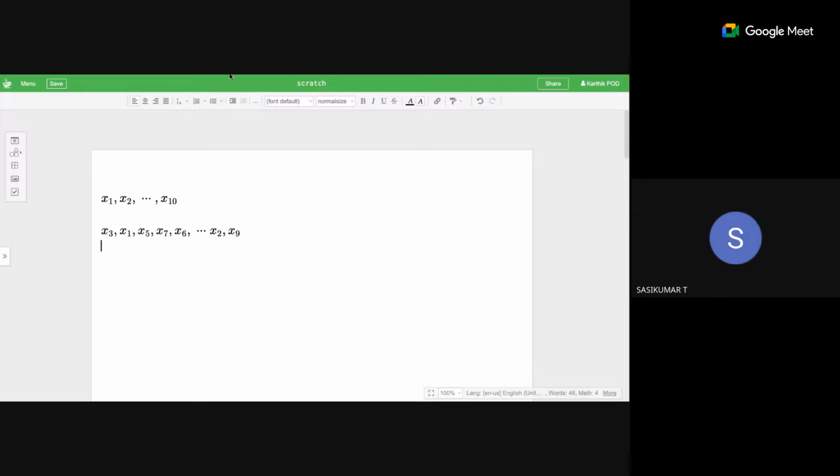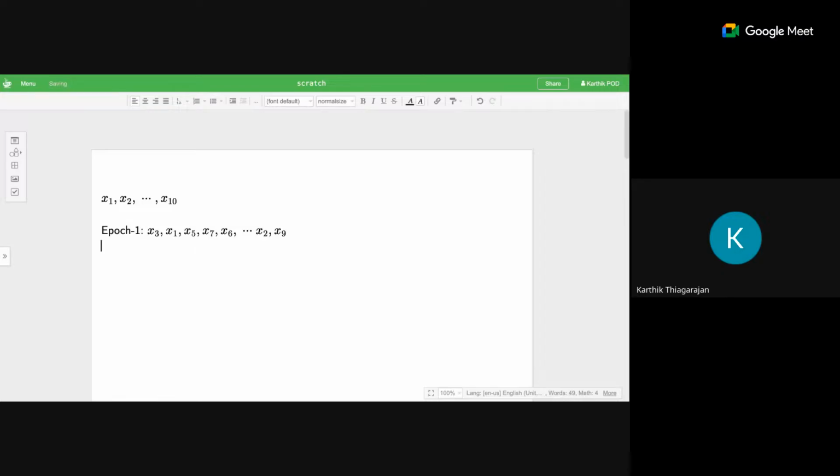This is 1 epoch. So 1 epoch with batch size 2 means you will have to do 5 updates. Likewise, when we do it again, this combination may change. That means x1 and x5 may be in a batch. That can happen.